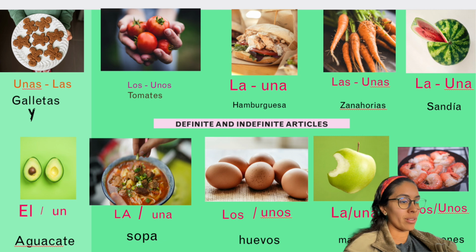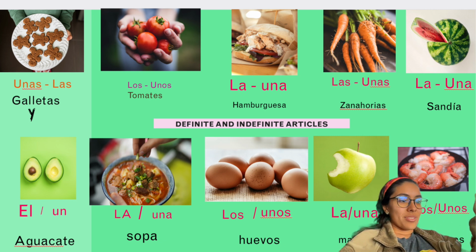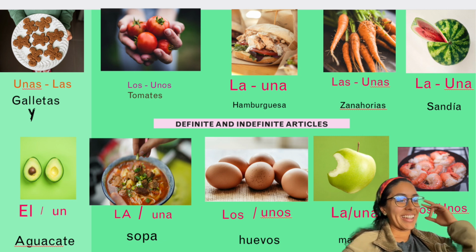Everyone did pretty well with the hamburguesa. Very good job. You heard me and you didn't make much sound on the H because this is silent. The zanahorias is just a hard word for anyone, so it's fine if you struggled with it.